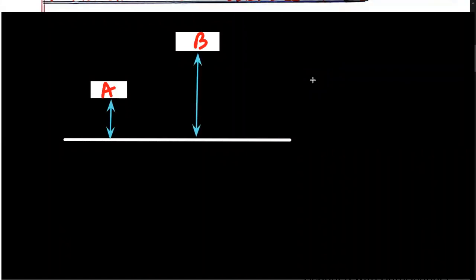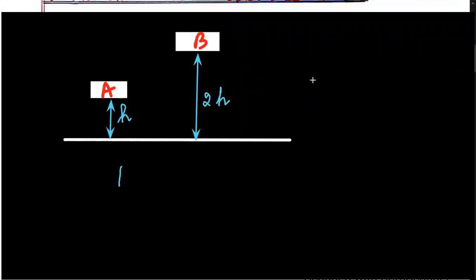Suppose one body is A and it is at a height of h from the ground, and the other is a body B which is placed at height 2h from the ground. Both have the same masses, but the heights are different. So A is at a height of h, while B is at a height of 2h.